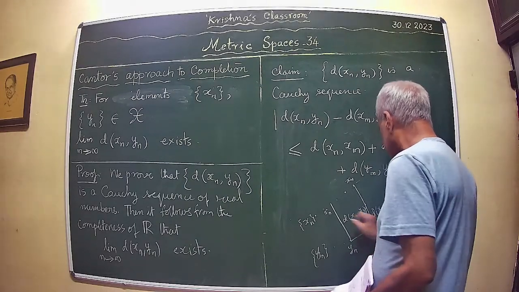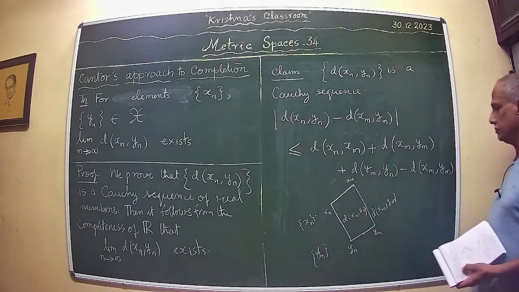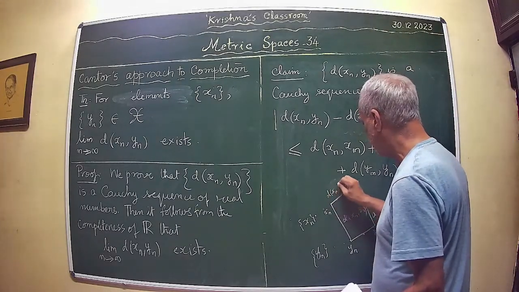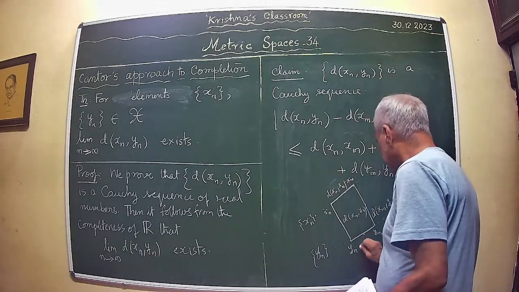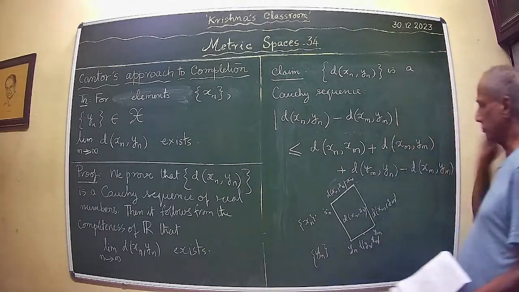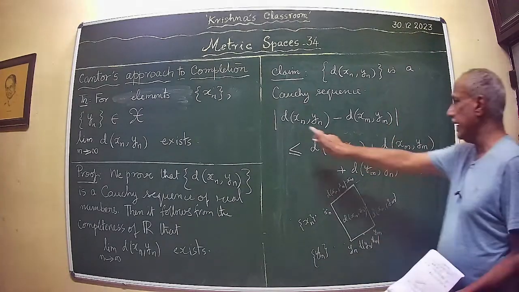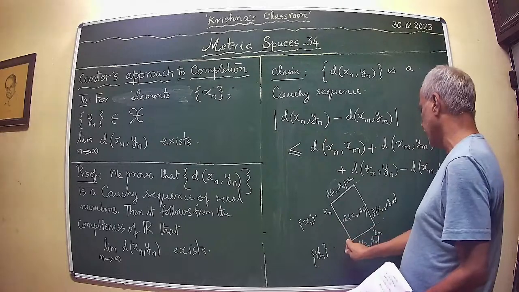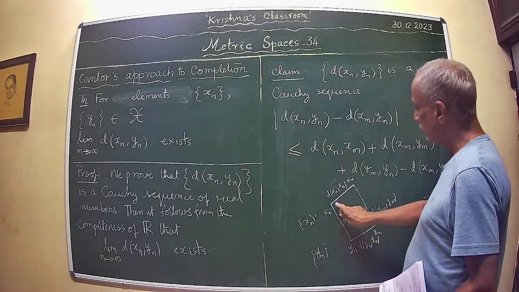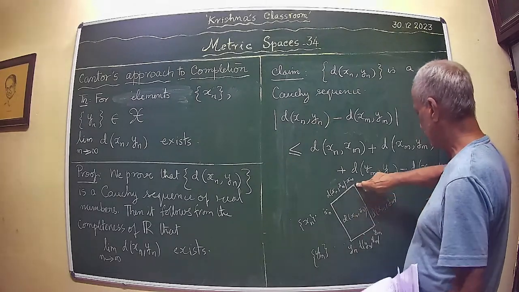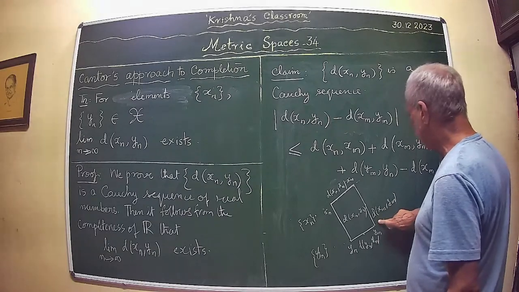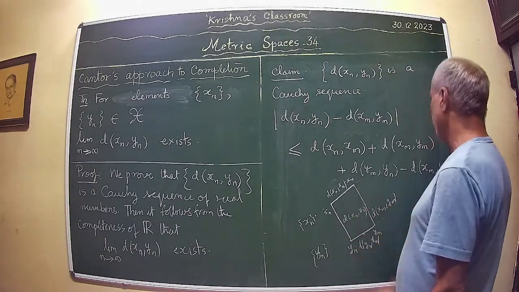And then you have these distances. So you have d(xn, yn) less than or equal to, by triangular inequality, d(xn, xm) plus d(xm, ym) plus d(ym, yn).